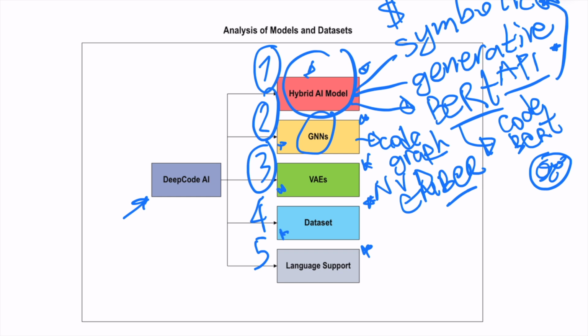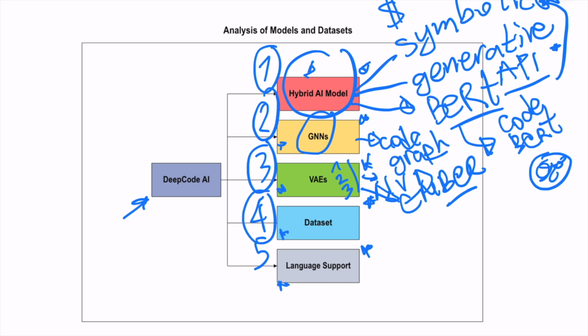This is a specialized malware analysis dataset that is used to train DeepCodeAI models to recognize malicious patterns and behaviors. So this one basically has three datasets: the first is the GitHub Code Corpus, second is the National Vulnerability Database, and third is the Ember dataset. So there we are, we have the fourth one covered.